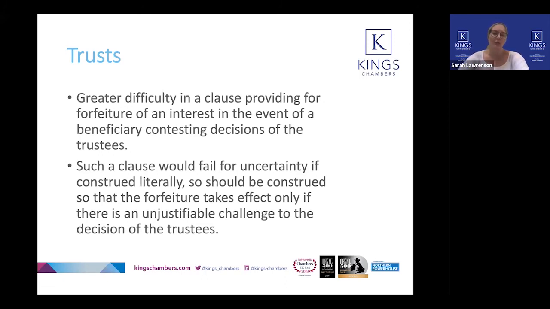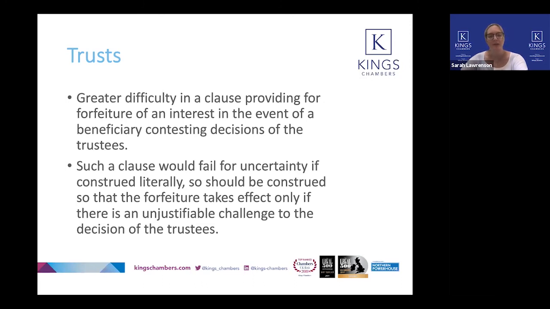And so the line of authorities make it clear that it should be construed so that the forfeiture only takes effect if there is an unjustifiable challenge to a decision of the trustees. For example, they did not take a decision, it was simply their obligations under the trust, or that the challenge to the decision was unjustifiable, whether or not because there's an exoneration clause, or as Nathan has said, because perhaps an allegation of fraud was made in circumstances where that was unjustifiable.